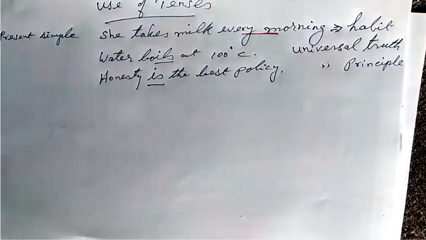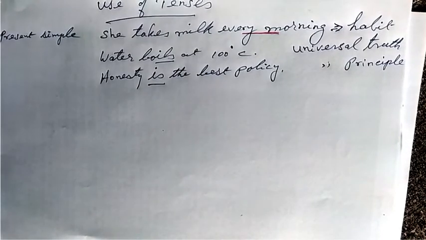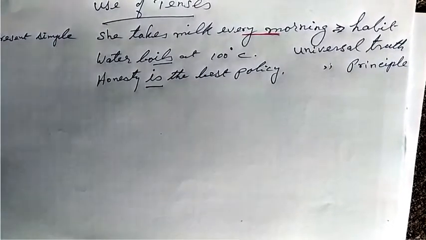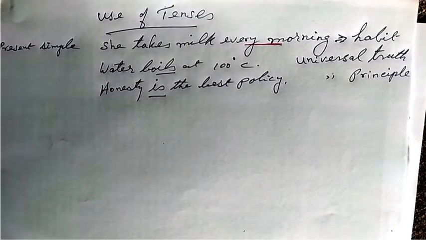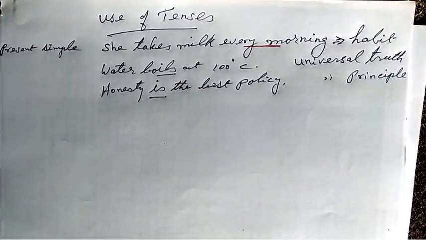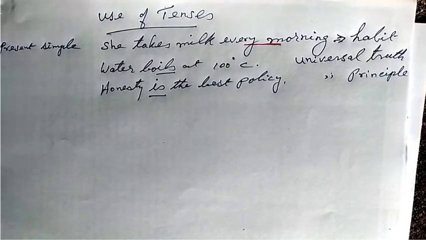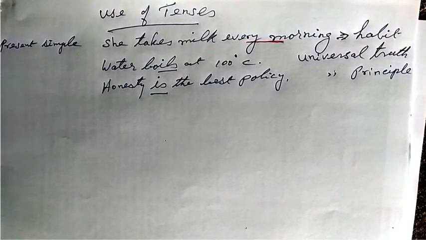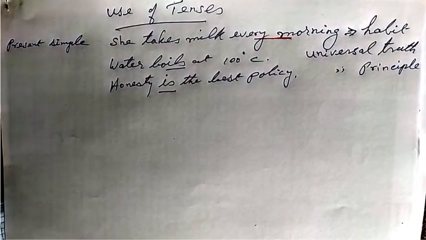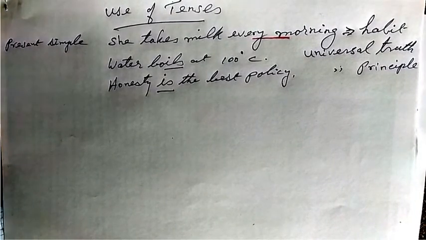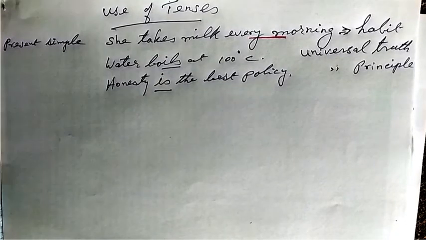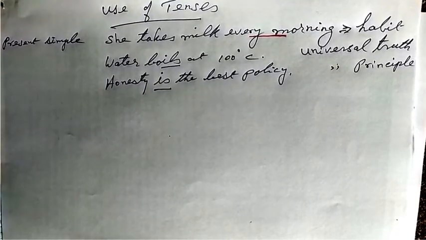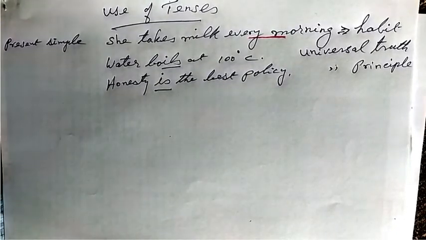And when you are talking about proverbs, old sayings, wise sayings, all these deal with what we call universal principles. In which case, again, we use present simple tense. Just to give another example, union is strength. And that is another universal principle.